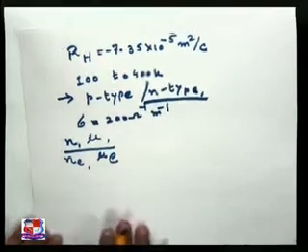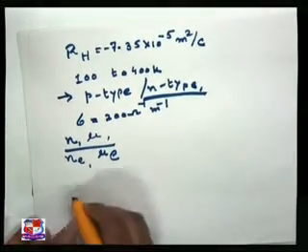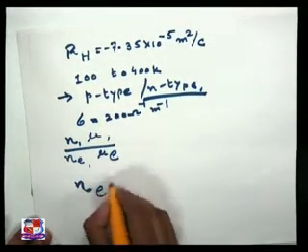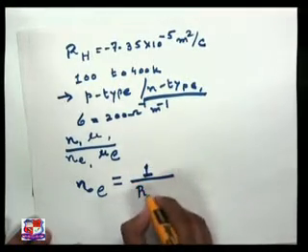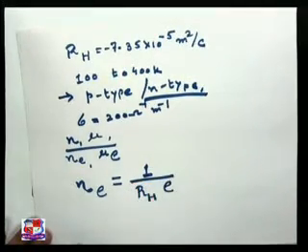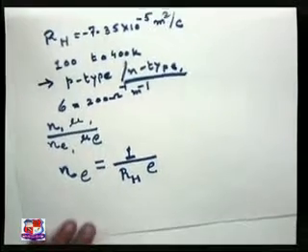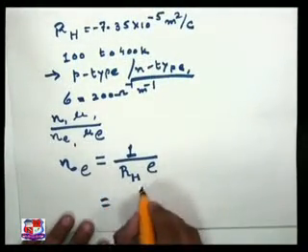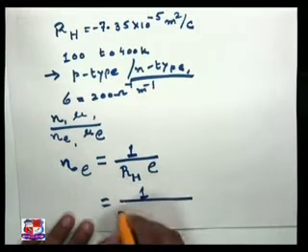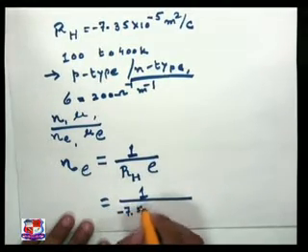And also we can find Ne using the same equation that we have used earlier, but here we are given RH. So Ne is equal to 1 over RH E, and just substituting the values, 1 over minus 7.35 into 10 raised to minus 5.